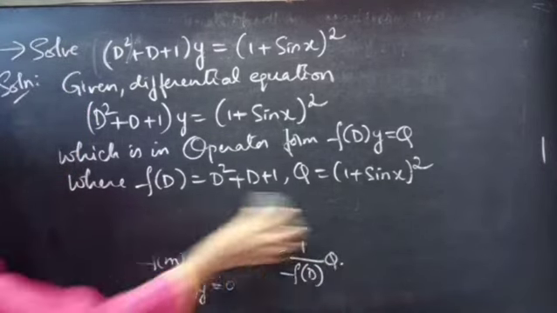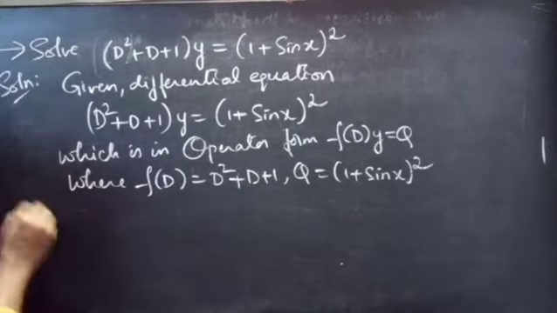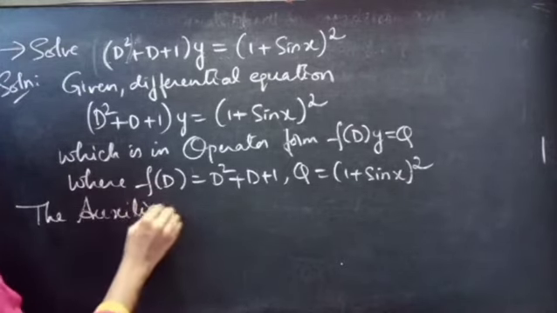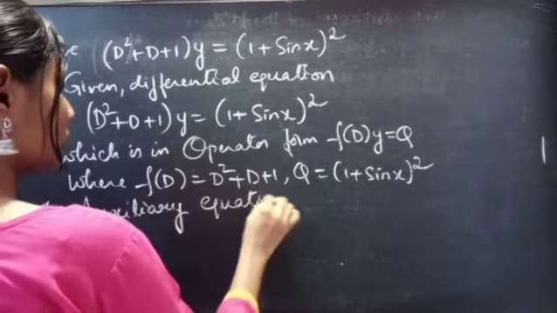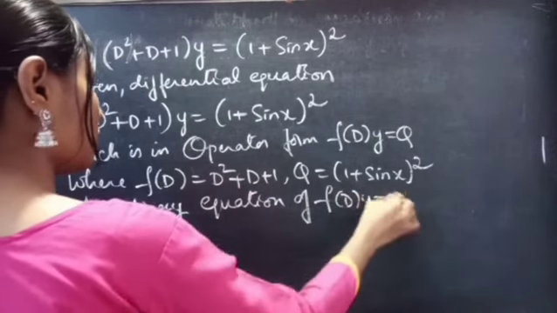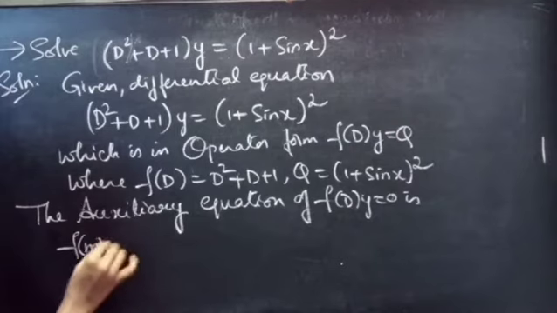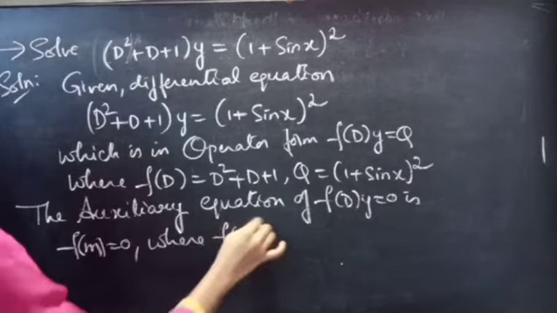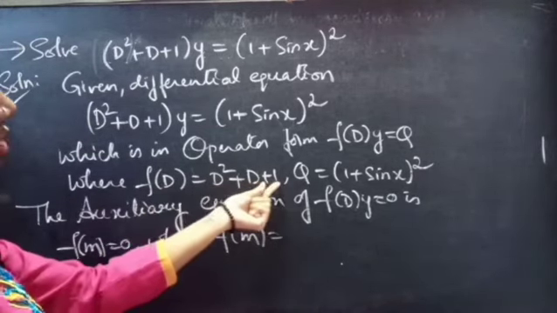So let's find yc using the auxiliary equation firstly. The auxiliary equation of the homogeneous equation is f(m) = 0, where f(D) equals D² + D + 1.